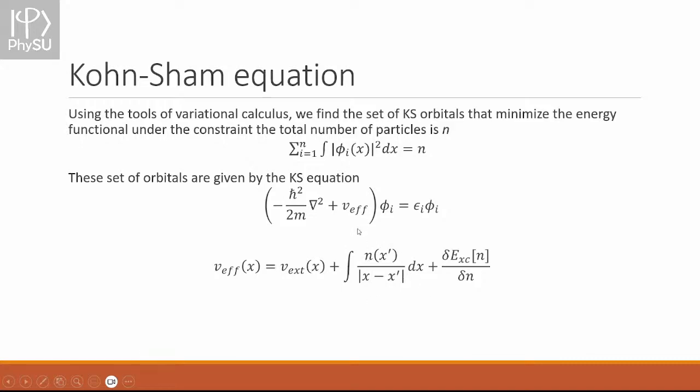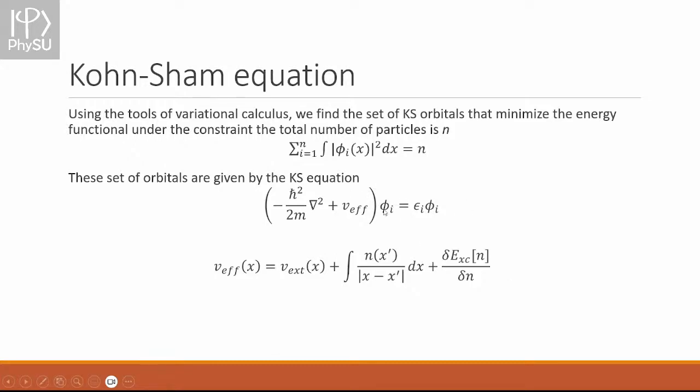First of all, the electron repulsion term depends on the ground state density, and in addition, the exchange correlation functional is also a functional of the ground state density. Because the ground state density itself is just the sum of all these Kohn-Sham orbitals, all the solutions to this Kohn-Sham equation, that means this equation actually depends on its own solutions.